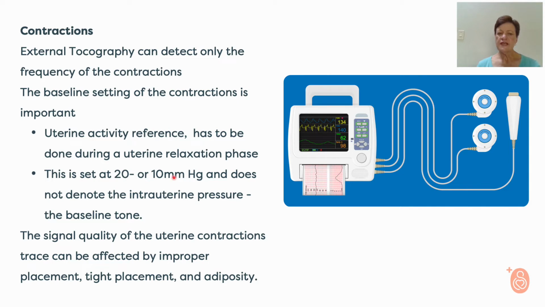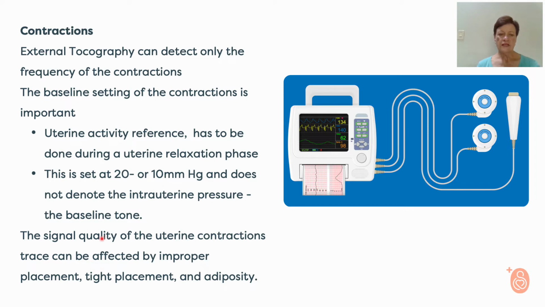It just gives us literally a baseline to see whether the contractions come back to the baseline, whether it relaxes to the baseline. That's why we set this baseline during a uterine relaxation phase. So that gives us more or less an indication that the uterus relaxes to its previous relaxation phase.